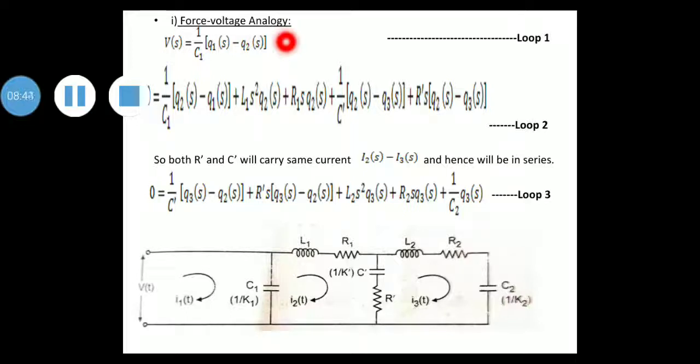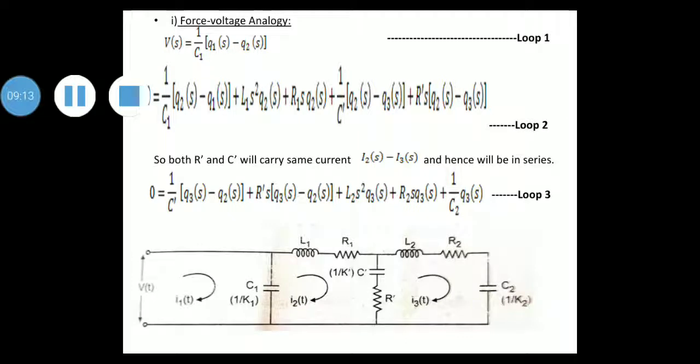Then the second equation will be 0 equal to 1 by c1 q2 of s minus q1 of s plus L1 s square q2 of s plus R1 s q2 of s plus 1 by c dash q2 of s minus q3 of s plus R dash s q2 of s minus q3 of s, which is loop 2.